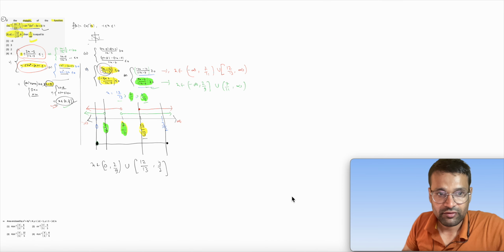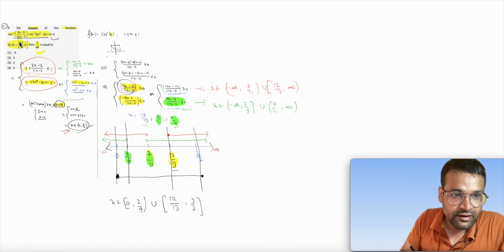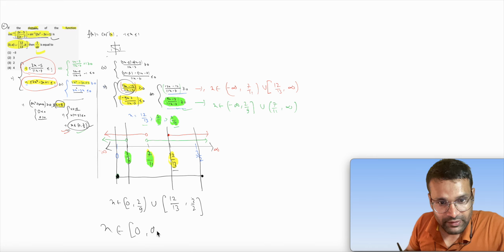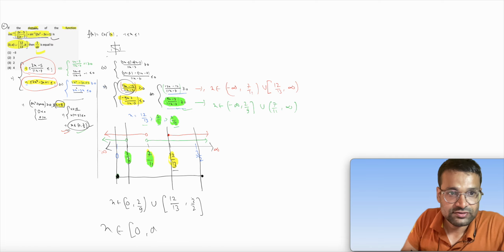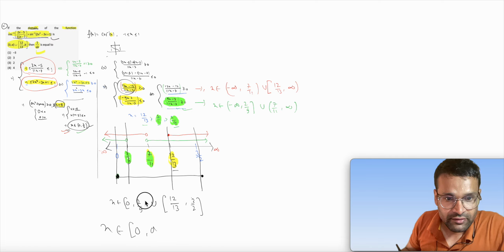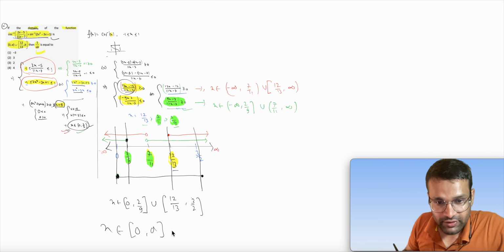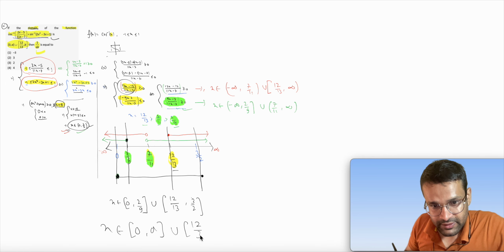Now you can compare with this one where x belongs to 0 to a, okay. 2 by 9 was also closed, sorry, 2 by 9 is also closed because it comes from the numerator. 2 by 9 was closed, 0 to a union 12 by 13 into b.